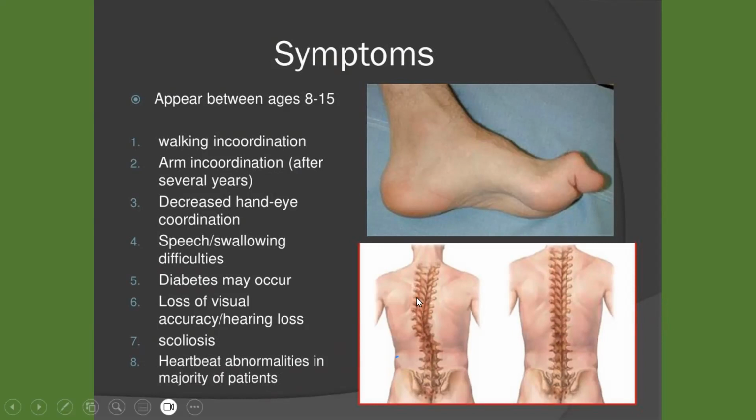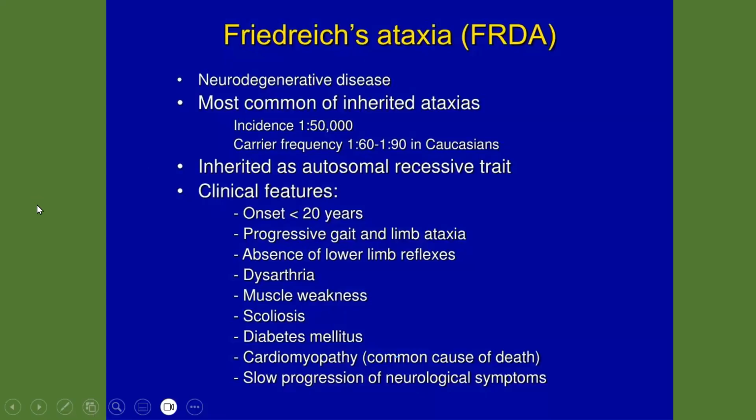You have to know that it's a neurodegenerative disease, the most common of the inherited ataxias. The incidence is 1 in 50,000. The carrier frequency is 1 in 60 to 1 in 90.